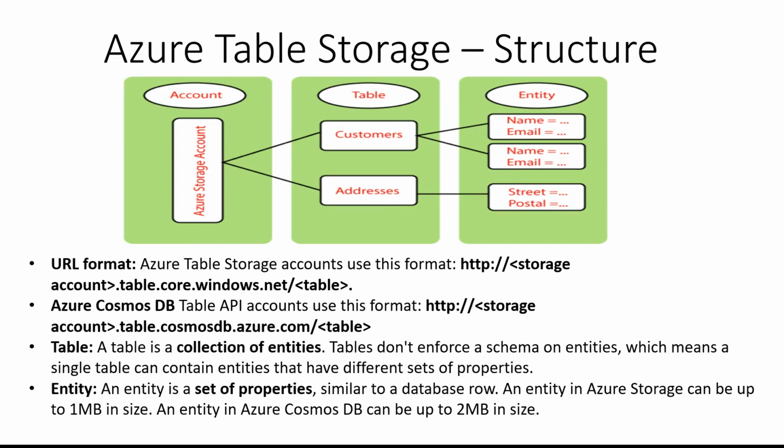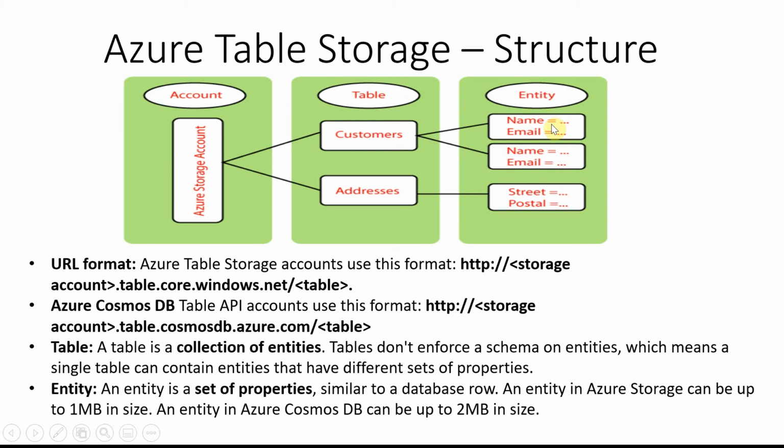Right, this is the structure in table storage, same thing like we saw in blob storage. You need to have an account, then create a table. Under the table, we have an entity. For example, customer is a table, and customer tables can have many columns, like customer name, customer email ID.